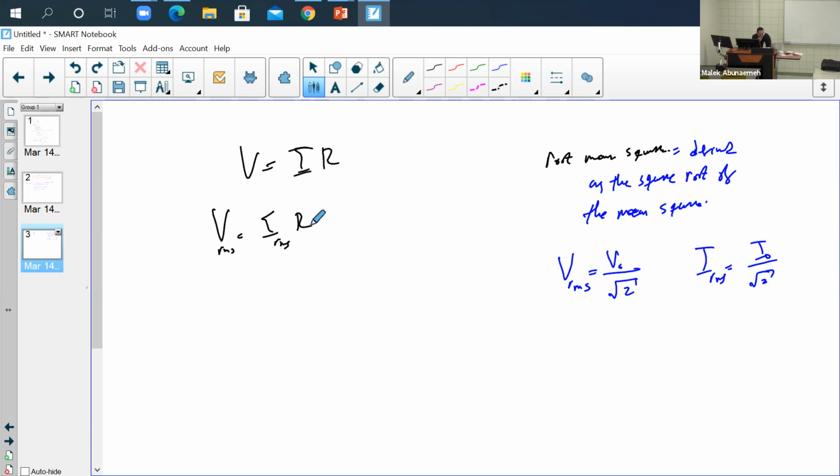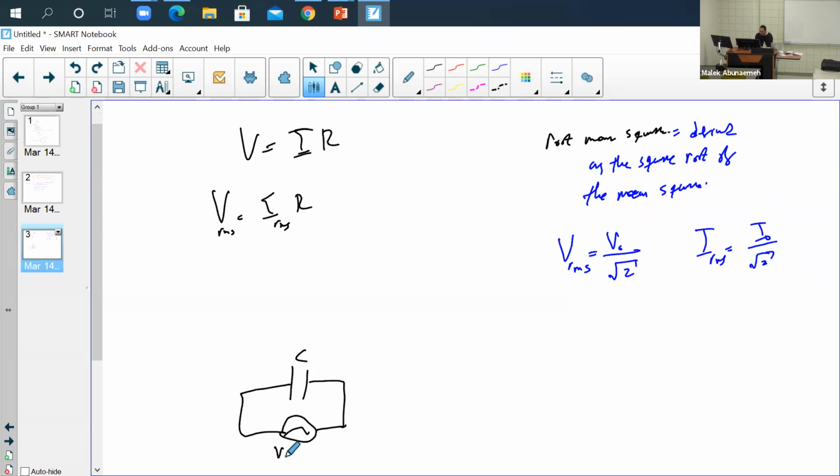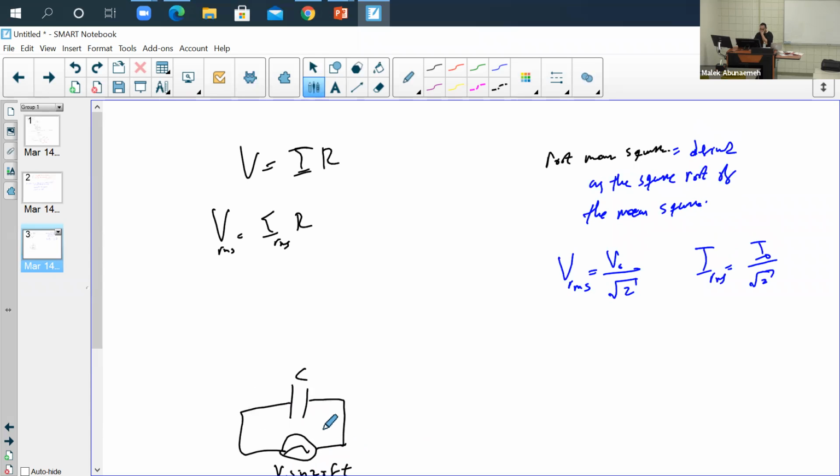Now, let's say you have your capacitor that is connected to the sinusoidal wave voltage. So this is going to be your V naught sine of 2 pi f t. Now, you've got a capacitor in this case, so you can have something called capacitive reactance.